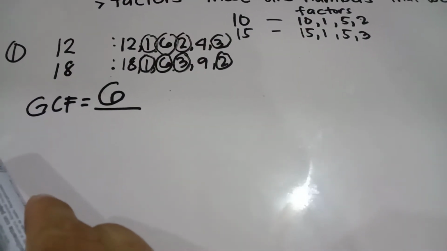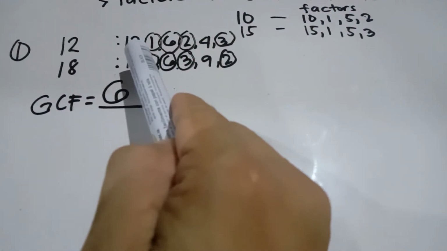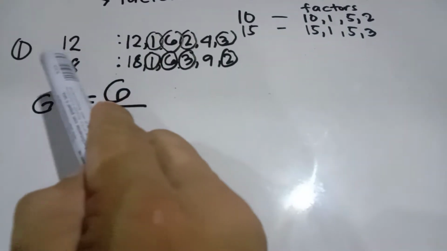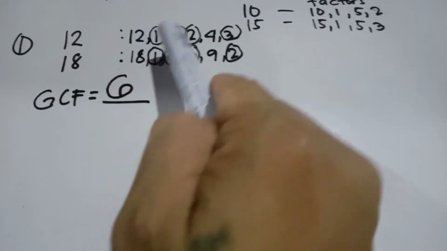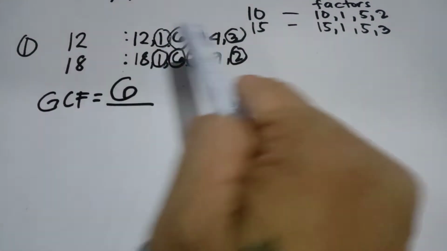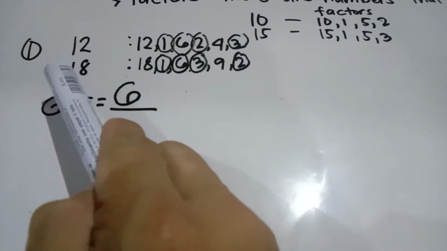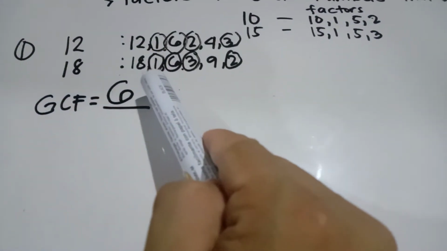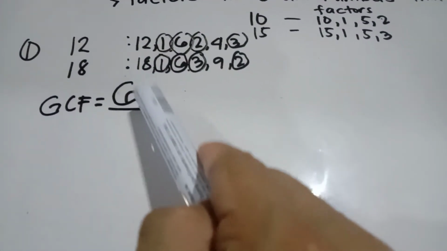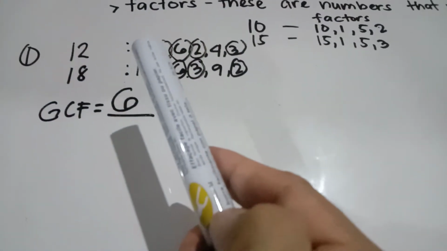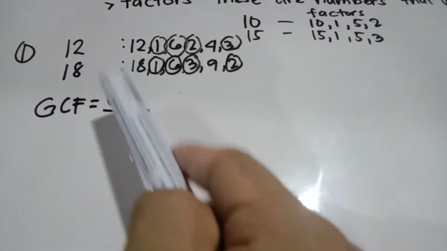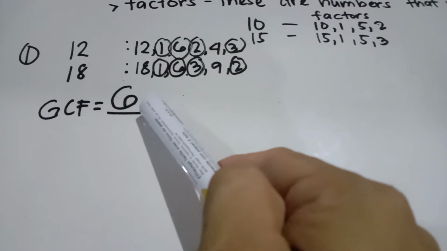We can also divide 12 and 18 by 1, the same with 2, the same with 3, and of course with 6. But 6 is the greatest number na maaaring i-divide natin sa 12 and 18. So GCF of 12 and 18 is 6.